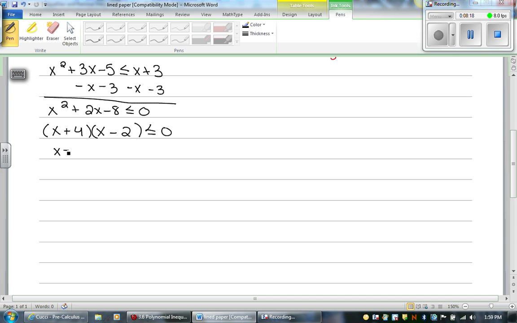So we get the values of x equals negative 4 and x equals 2. And these are my zeros. So my next step is to take those values and set up a number line: negative 4 and 2.